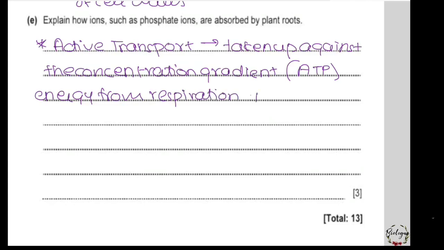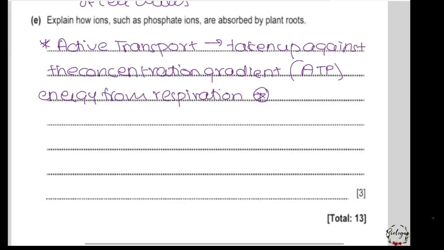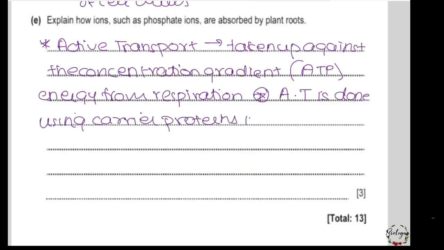Secondly, you have to also say that active transport is done using carrier proteins. So active transport, I'm just going to label it AT. Active transport is done using carrier proteins in cell membranes. Alright.